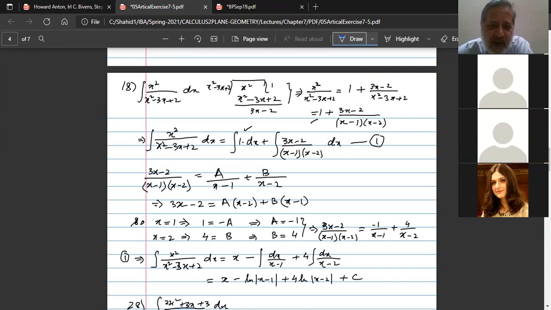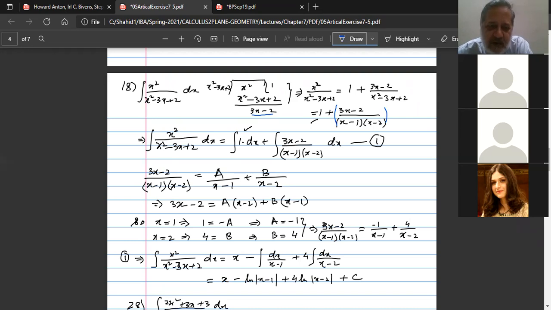The subtraction cancels x², and this becomes 3x - 2 as the remainder. So x² upon x² - 3x + 2 is equal to 1 plus 3 remainder divided by the divisor. And this is the part on which we will apply partial fractions, because integral 1 integral dx.